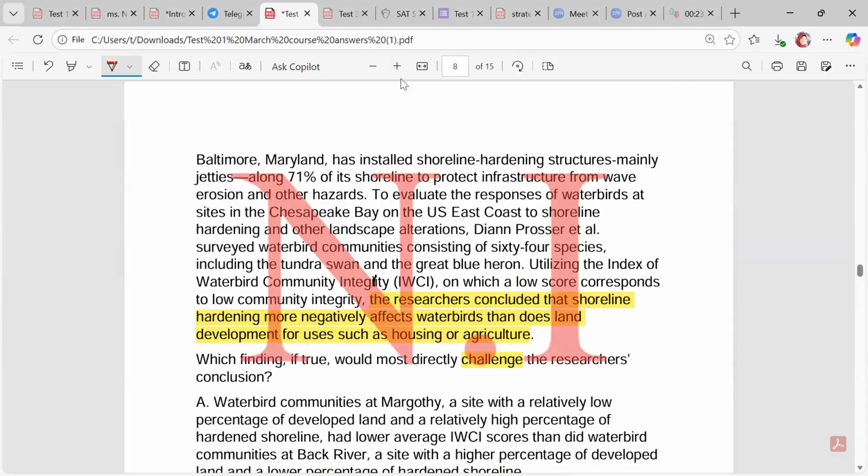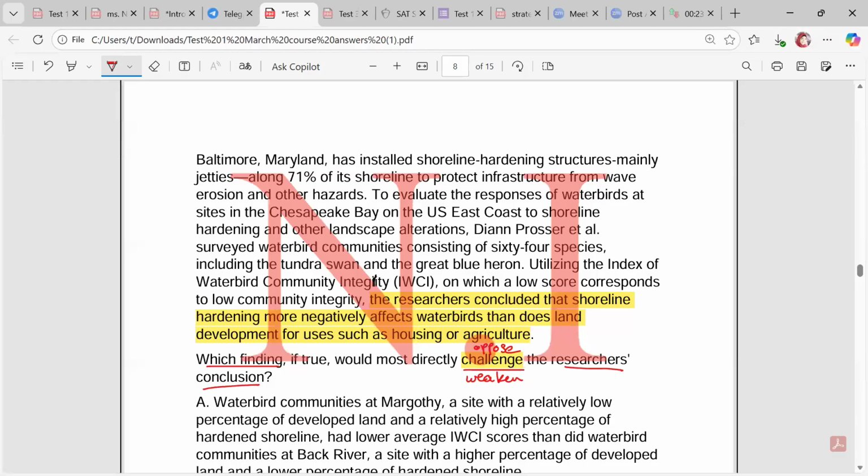Please focus. When I see 'which finding', I must look here whether it needs me to support, challenge, weaken or undermine. Here: which finding, if true, would most directly challenge. Since there is challenge, it means weaken, oppose, bring the opposite of the researcher's conclusion.